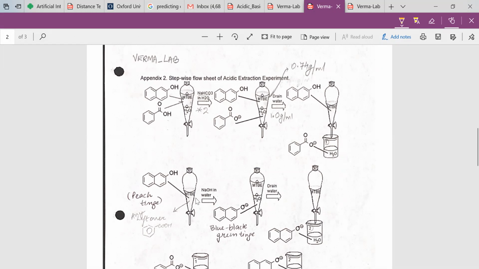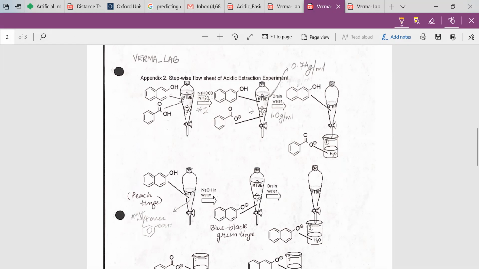Similarly, in this leftover MTBE mixture, we will now add sodium hydroxide. Now, sodium hydroxide will definitely react with the 2-naphthol and any leftover benzoic acid also. However, you need to remember that the second extraction is only for 2-naphthol, not for your benzoic acid.